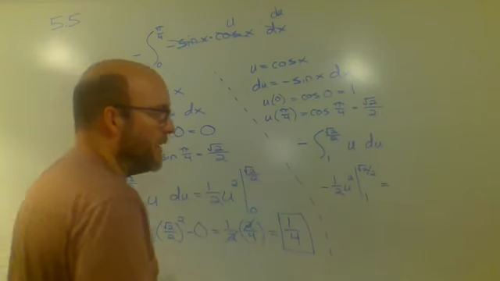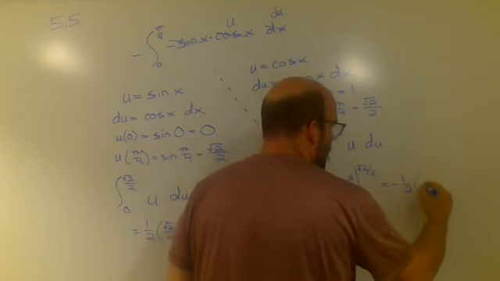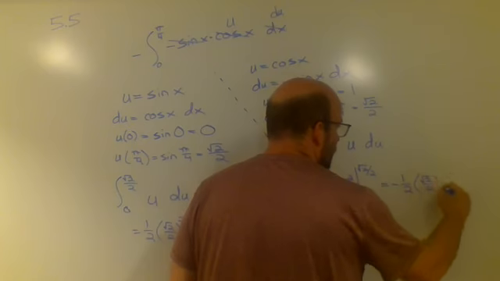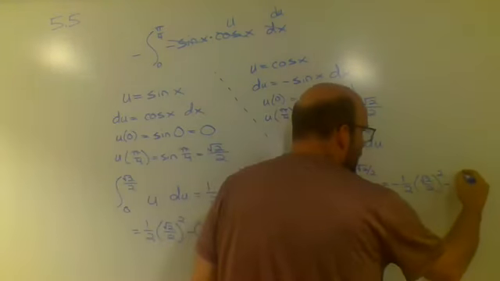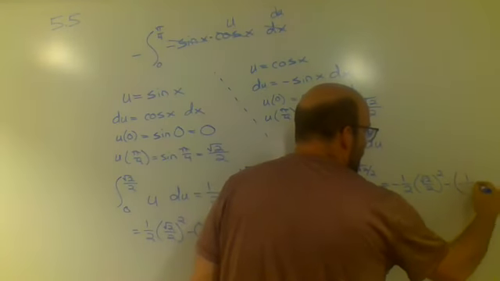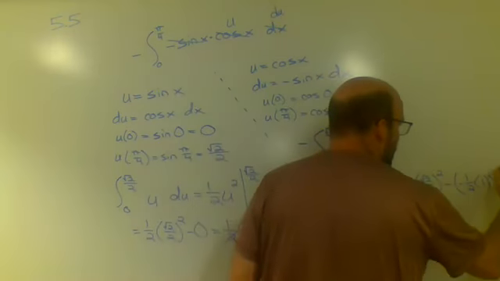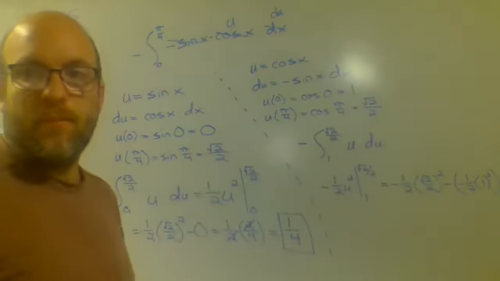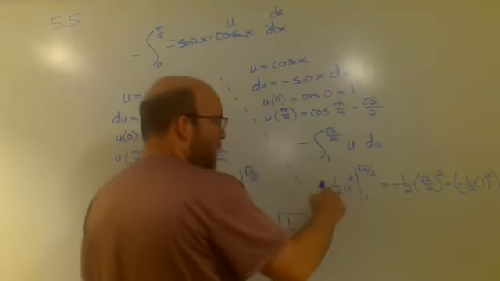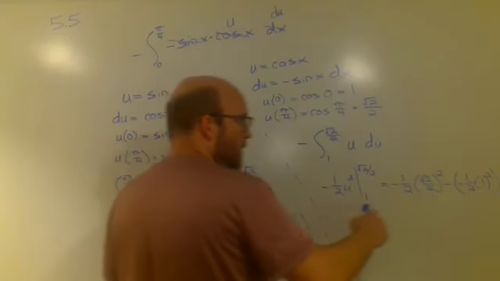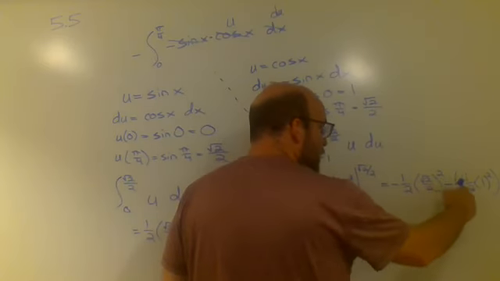Finally here, just go ahead and do it. This is a little bit tricky because we have a negative sign here, but we're going to have a negative 1/2 square root of 2 over 2 squared. And then we're subtracting another negative 1/2 times 1 squared. The key thing to be careful with here, especially when you have a negative in your antiderivative, is that when you go to subtract using the fundamental theorem of calculus, the 2 negatives become a plus.